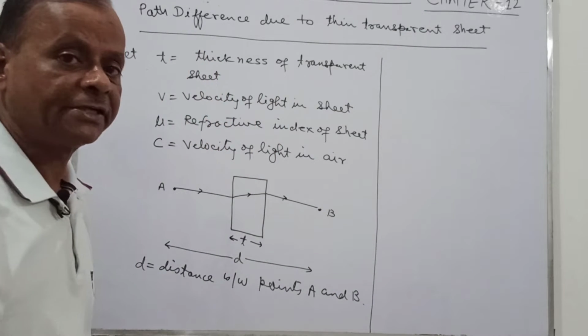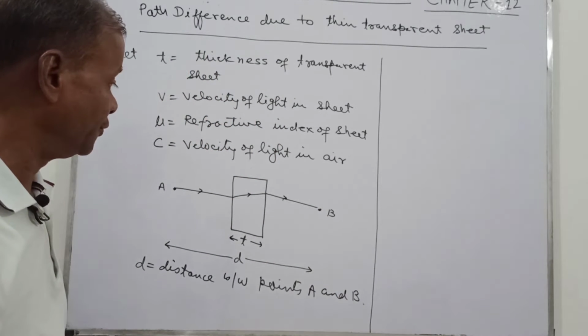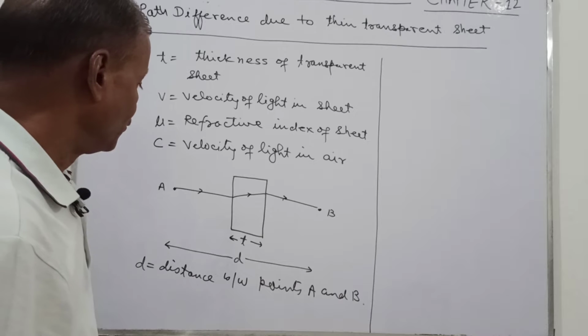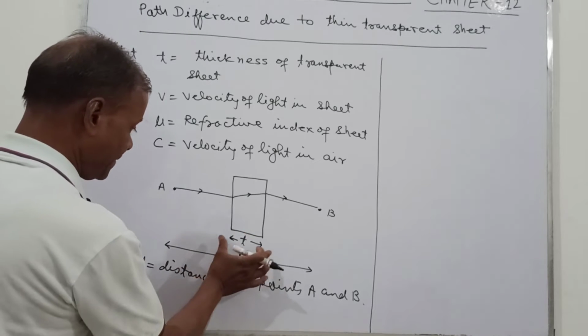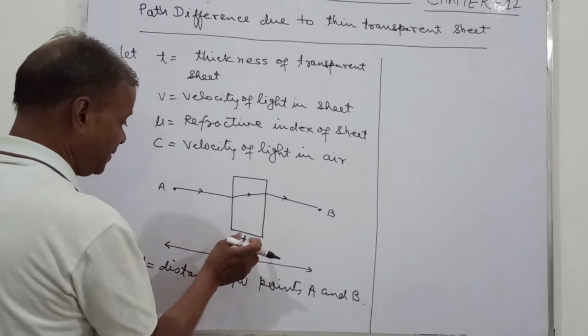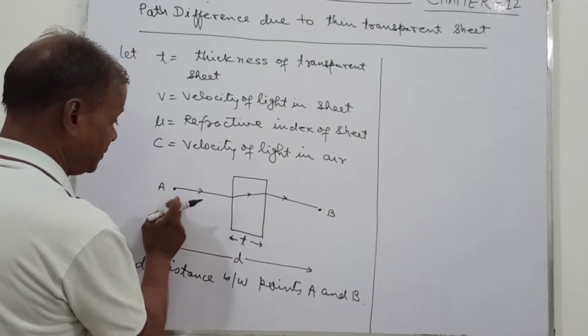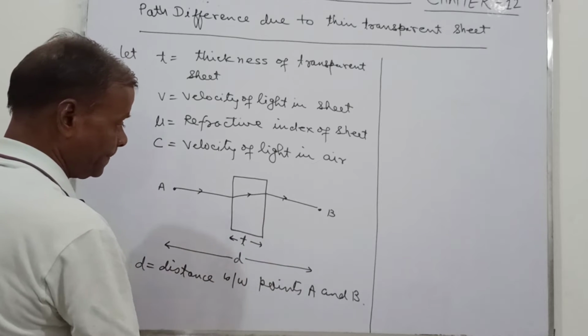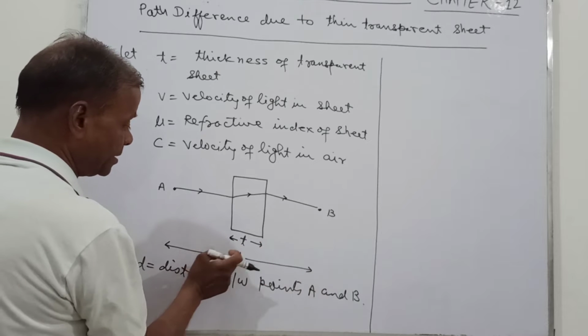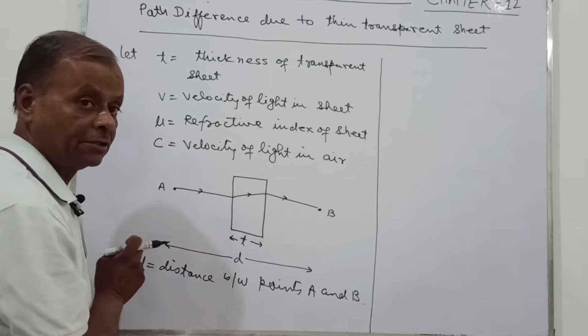So now what will be the time taken, that we will find from here. This distance between A and B is D, so the distance in air will be D minus T, and T distance in the sheet.